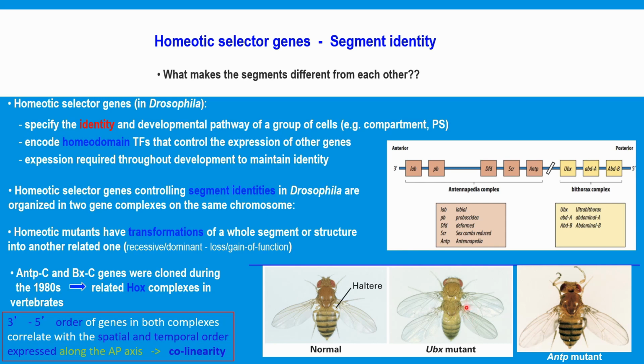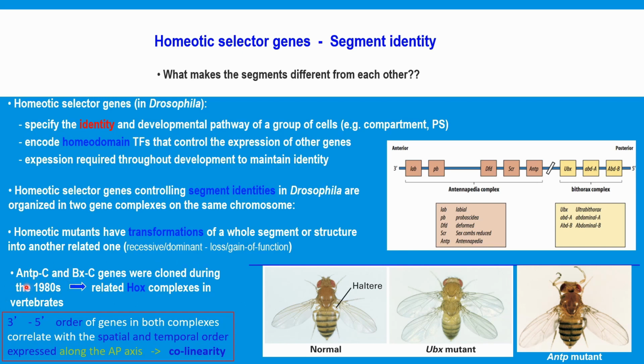We mentioned this before, that there's normally a haltere in this part that is a primordial wing that has the potential to develop into a wing, and if we have the ultrabithorax mutant, we get this transformation of this entire segment. And then we have Antennapedia, which is important for the development of antennae in the head, and with mutation of it, the antennae then develop into legs instead.